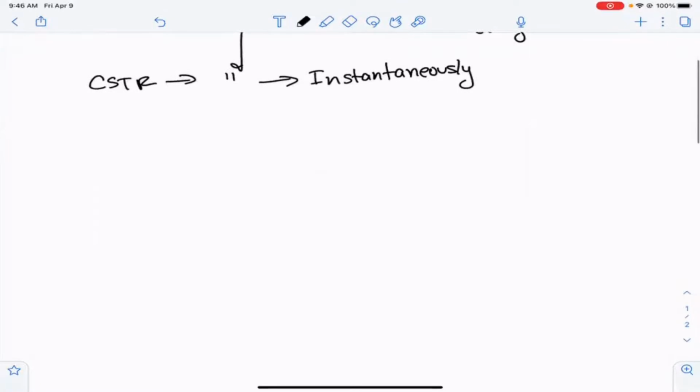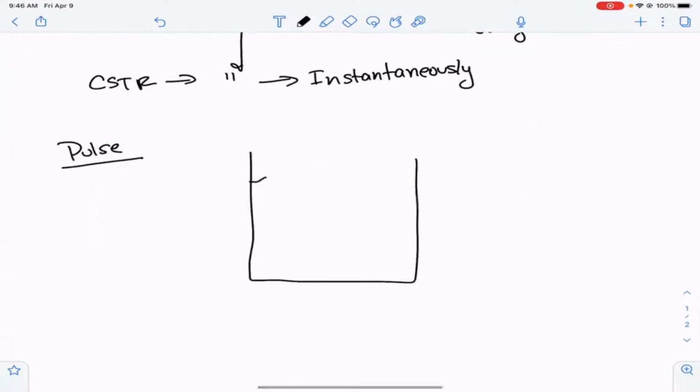So the first thing that we will do is, let's say that we just introduced a pulse into a CSTR. And what I mean by that is that we have our reactor that's operating, right? And I'll draw this like a liquid CSTR. We have some flow that's coming in and we have some flow that's going out.